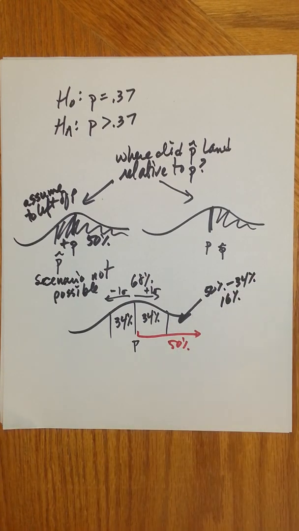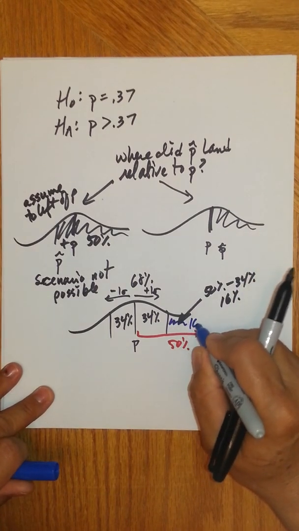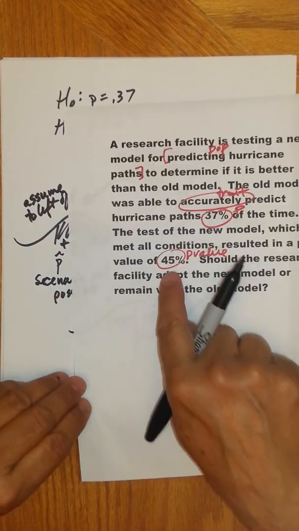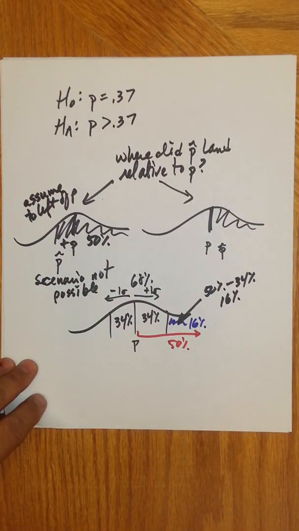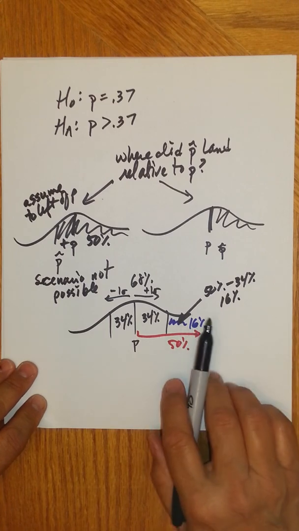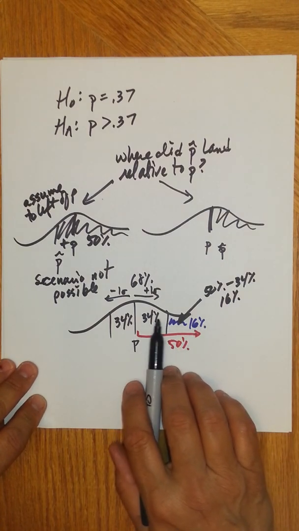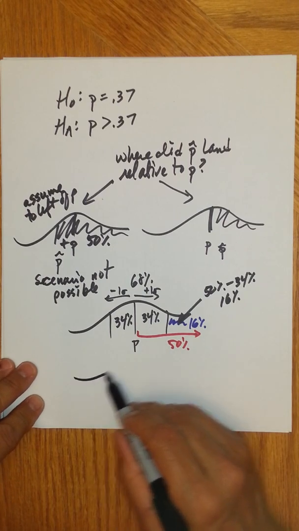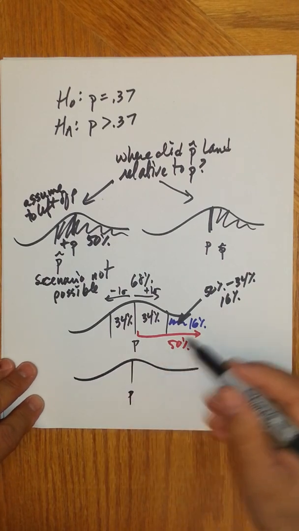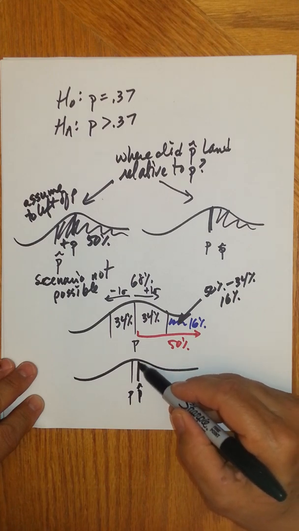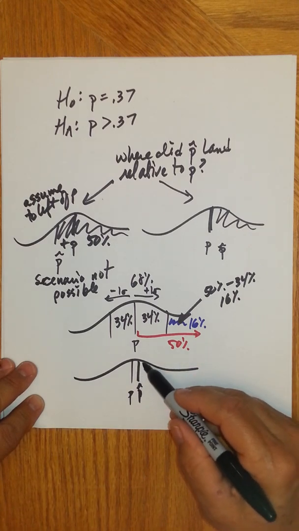So we know already that this here is 16%. But remember, our p-value was 45%. So when we shaded to the right, we have all of this plus quite a bit more. And in fact, 45% is really so close to 50%. It's really only 5% away from the mean.